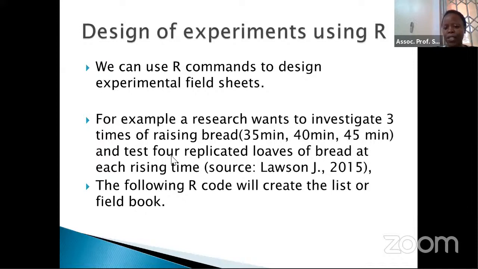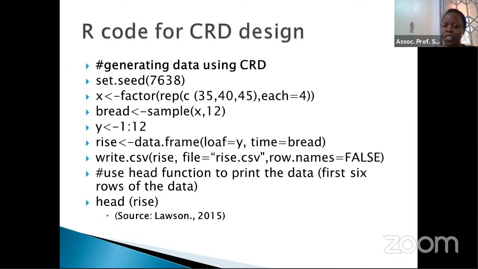So let's move away from that. The following R code will create the list of the field book, which you will go with to collect your data in your lab. This food scientist will go with this field sheet, and wherever he removes a loaf of bread and looks at it, he records down the height of rising.